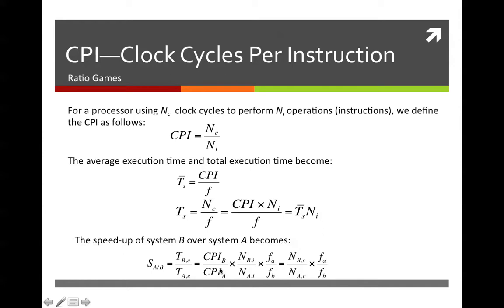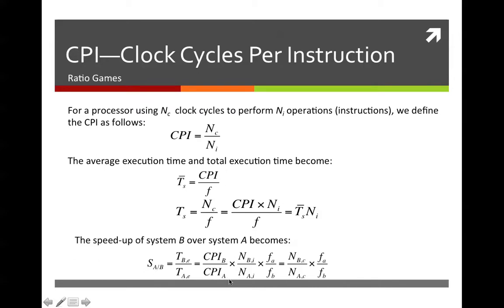But what you really have to watch here is this. When you're looking at speed up of A over B, then you have to relate to these terms as follows. If the number of clock cycles per instruction for B is larger, then speed up of A over B must be larger. So it goes in the numerator. And by the same argument, CPI A goes in the denominator, because the larger this is, the smaller the speed up becomes.